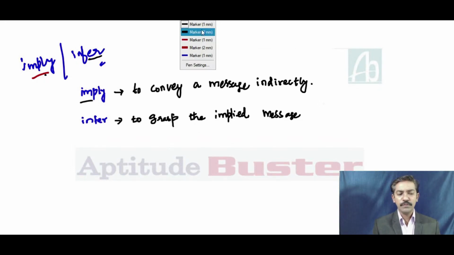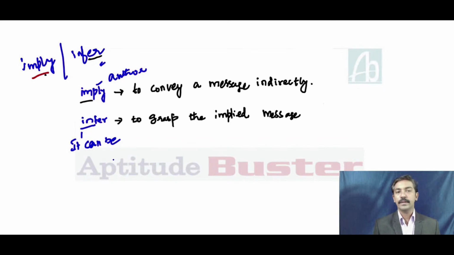That's why the question formulation is, what does the author imply? And it can be inferred, because implying is done by either the writer or the speaker, and inference can be done either by the listener or the reader, right? So both the words imply and infer technically mean the same thing. To put it in simple words, you have to find out what is being conveyed indirectly.